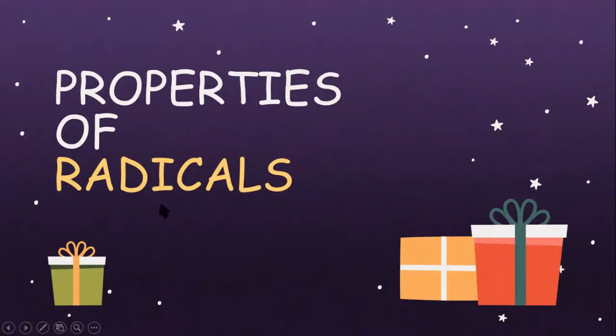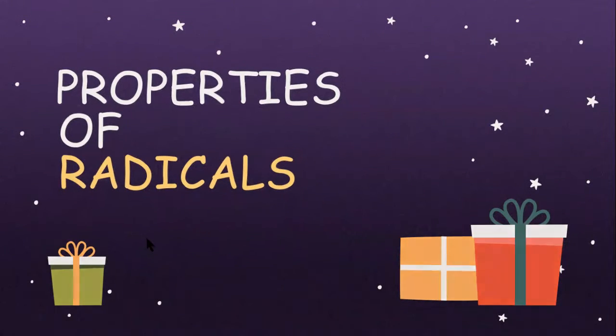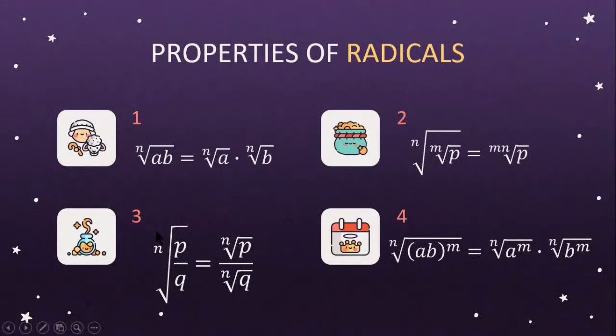Okay, we have the following properties of radicals. The first one is the nth root of the product of a and b is equal to the nth root of a times the nth root of b. And then the second property, the nth root of the mth root of p is equal to the root of p whose index is the product of the indices.